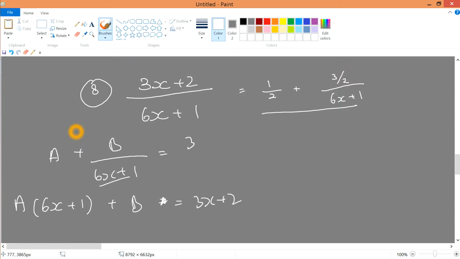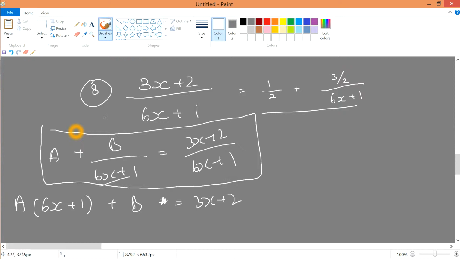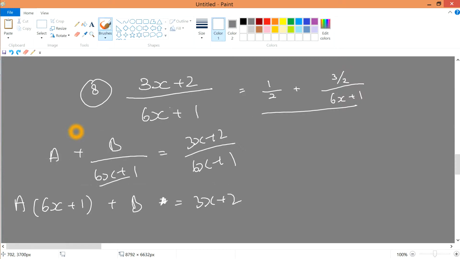So this is 3x plus 2 over 6x plus 1. This is somewhat the general equation. I repeat, if you want to solve for this, you put a plus b over your denominator. After which I multiply everything by 6x plus 1.